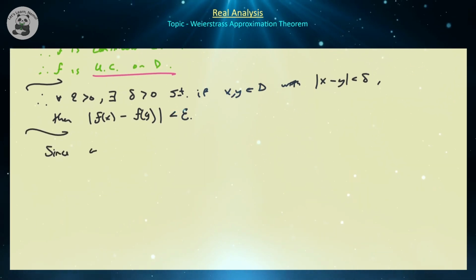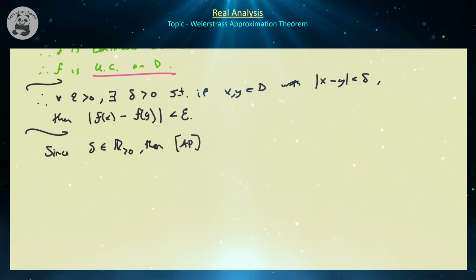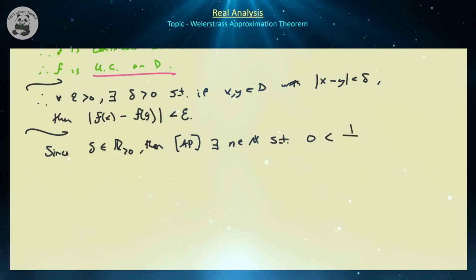Since delta is a positive real number, then by the Archimedean principle, there exists an n in the set of natural numbers such that 0 is less than 1 over n, which is less than delta over b minus a.